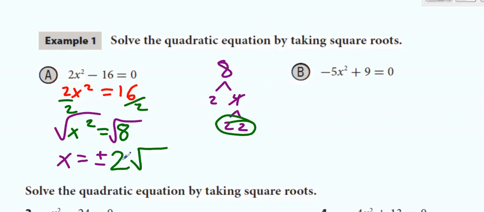So you can take out a 2 because there's a pair of 2's, and then you have a leftover 2 that goes back inside to simplify square roots. It wouldn't be totally wrong if you said plus or minus the square root of 8, but it would be unfinished.